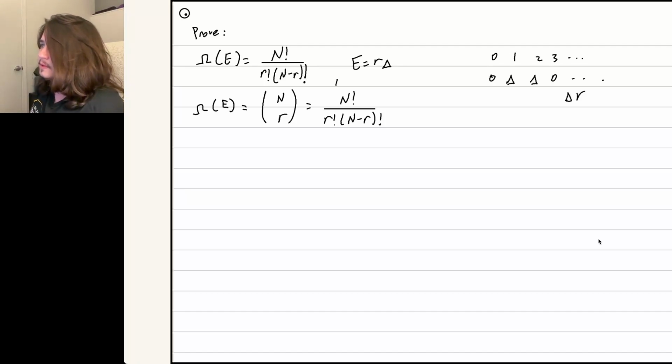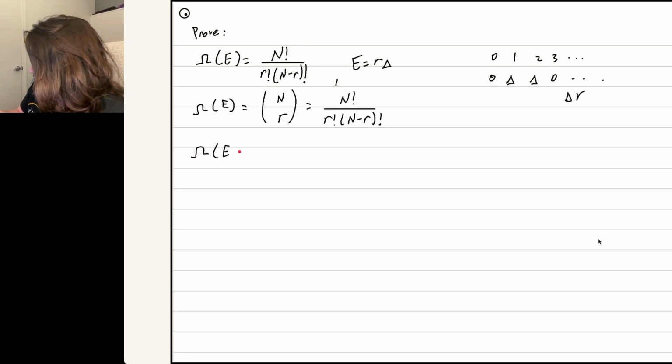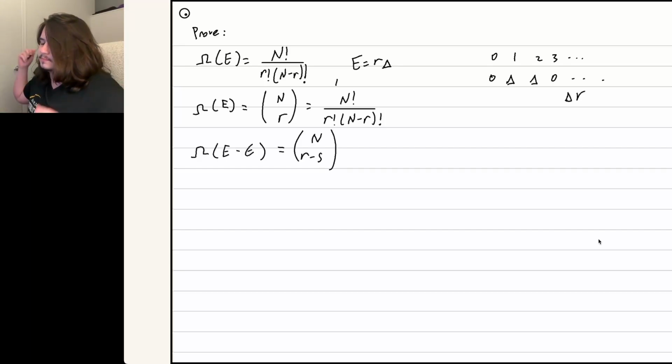Next part of the problem says we're going to remove a small amount of energy s delta from the system, where s is much less than r, and show that it has some certain form. So we're subtracting some amount of energy that they label epsilon from it. So now we're going to be choosing n choose r minus s.